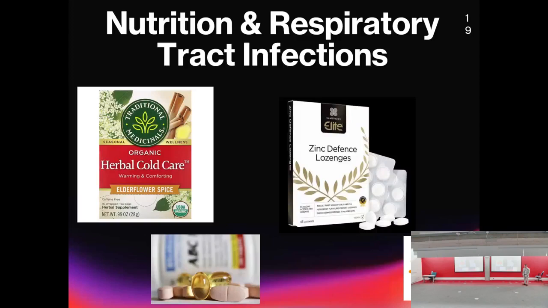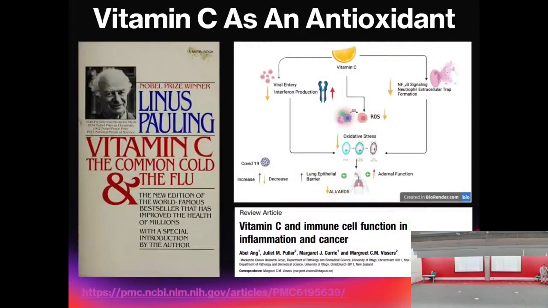The other two I've got down here, that's vitamin D. That's the other one. So vitamin C, vitamin D, and zinc, these are common ways in which people try to combat potential infections and disease. Now, vitamin C is probably the most famous one, and it's because of this guy called Linus Pauling.